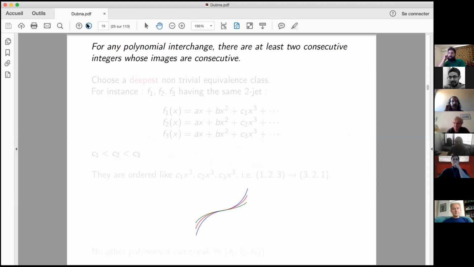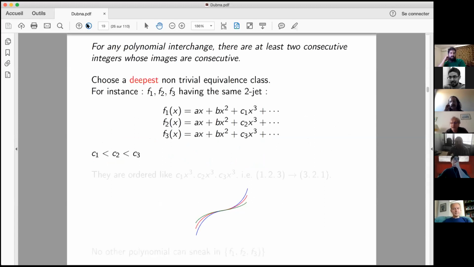Let me prove that. First, in your tree, you take polynomials which are at the lowest level. So this means, for example, you have 3 polynomials. Let's take an example. At the lowest level, they have the same first derivative, the same second derivative, but their third derivative is different. So you have ax plus bx squared plus c1x cubed, plus c2x cubed, and plus c3x cubed.